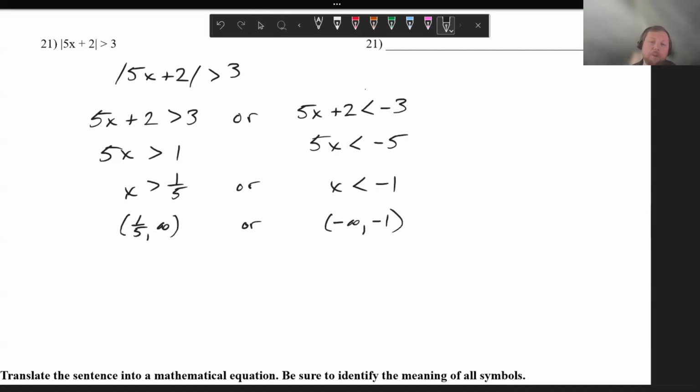Those are all the numbers less than negative 1. Now I want to have this in increasing order, so I'm going to rearrange this. I want to come up from negative infinity to negative 1, not inclusive, and then I'm going to write the union symbol, and then 1/5 to positive infinity.